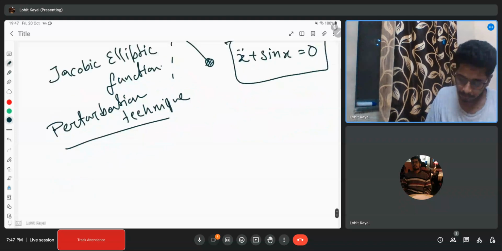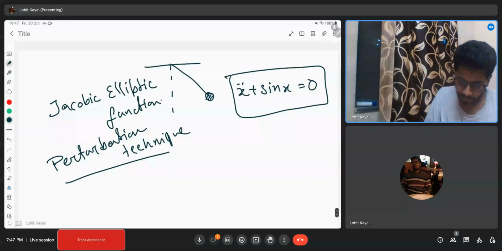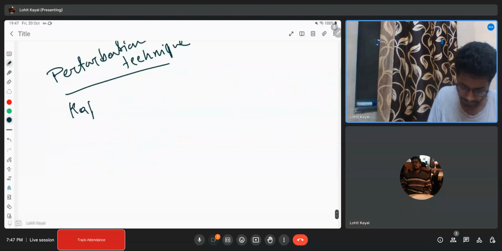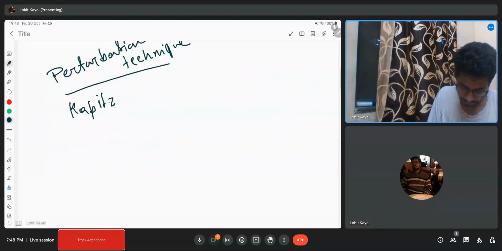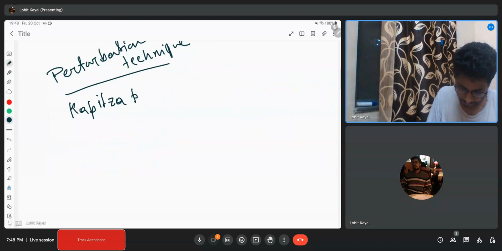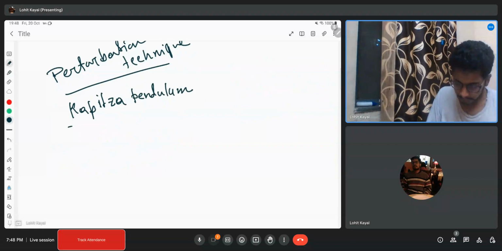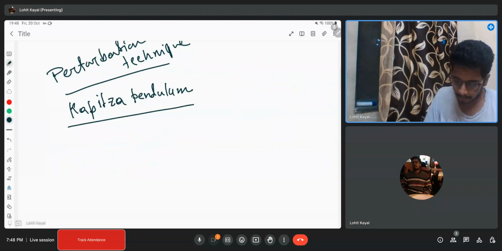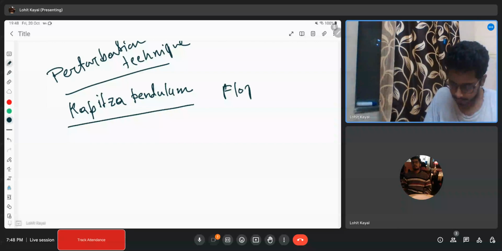We have solved the problem of the Kapitsa pendulum, and there we have implemented Floquet analysis.